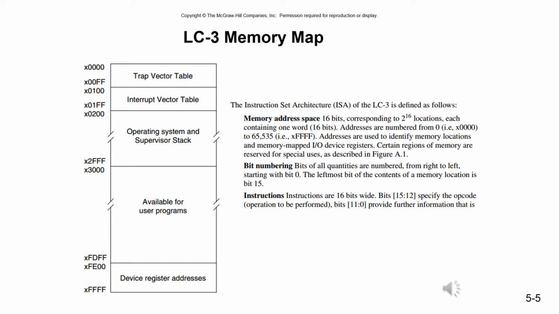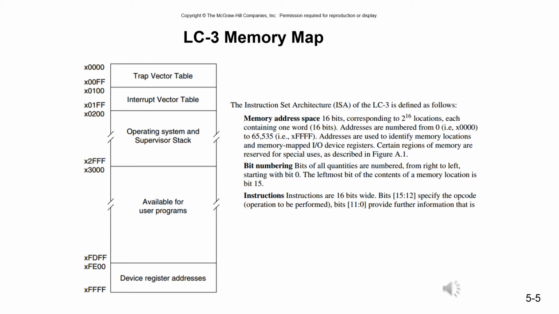And you're going to see, I think you've already seen one or two programs that I've written. You're going to see a lot of programs have an origin statement of hex 3000. That's the first available memory location for user content. Doesn't have to be hex 3000. And then we have the device register addresses FE00 to FFFF.